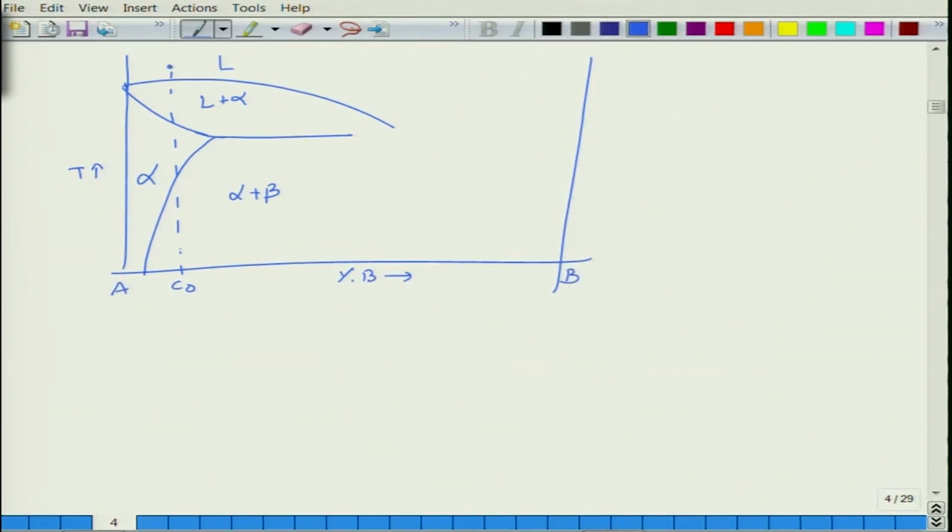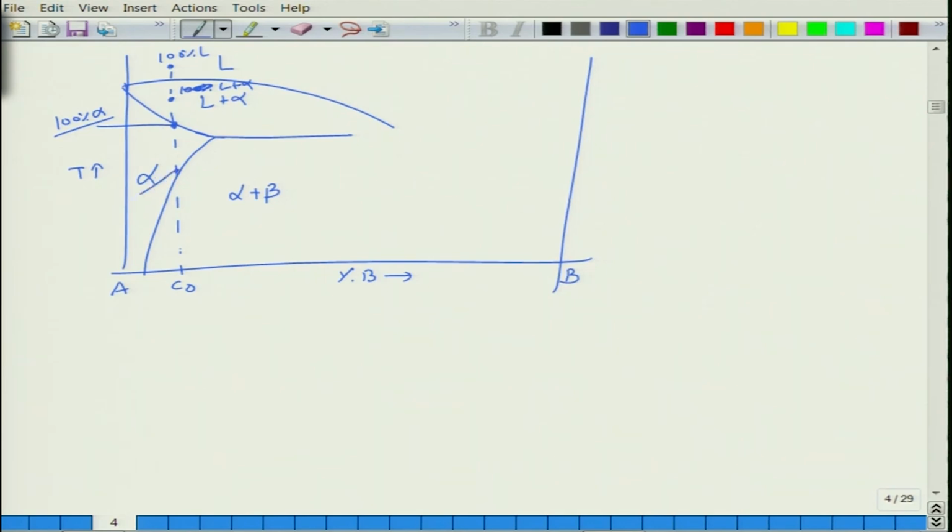Start from this point, this is 100% liquid. At this point you will have liquid plus alpha. At this point you will have 100% alpha, which is C naught percent of B in A, a solid solution phase.